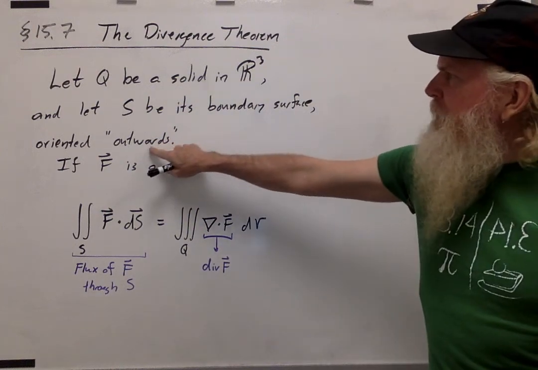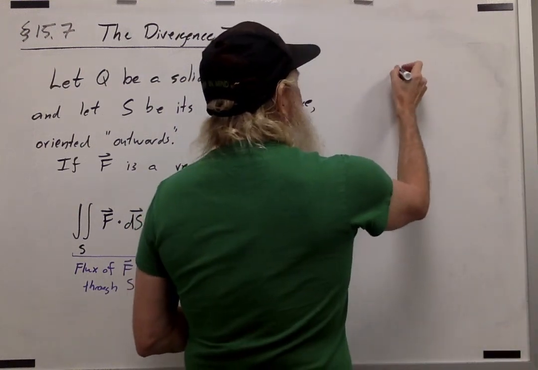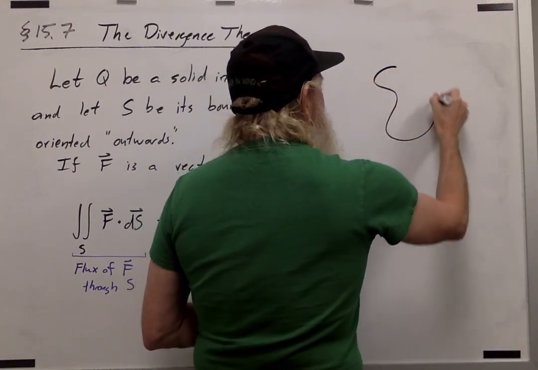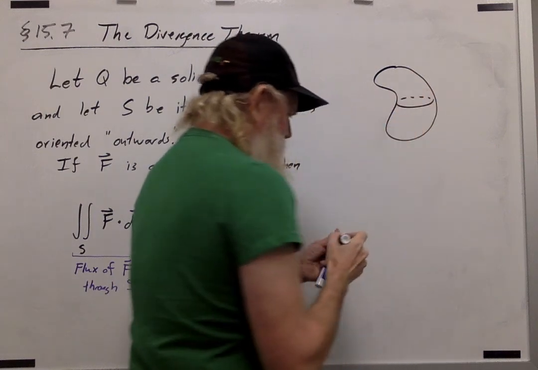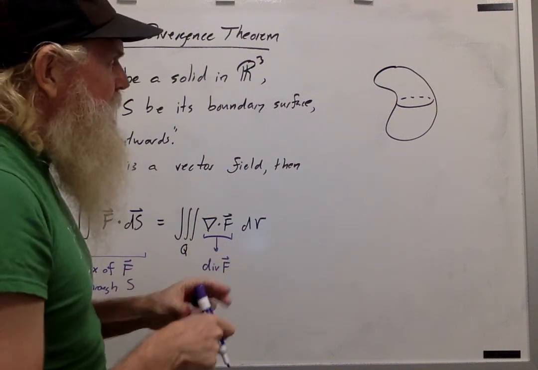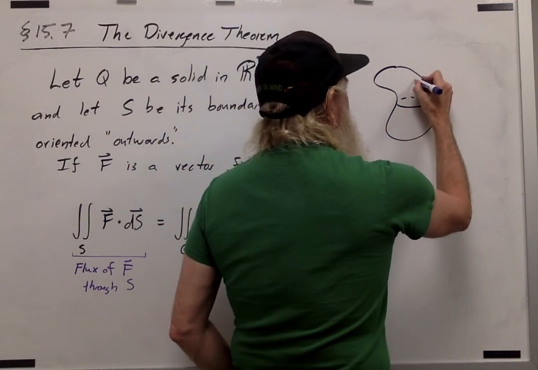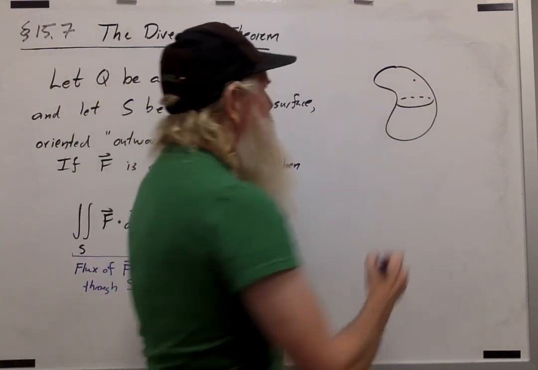So to come back to what I mean by oriented outwards, there's some examples where it's easy to see what I mean. If I had a solid like this, then at every point on the surface of that solid, I have two unit normal vectors.